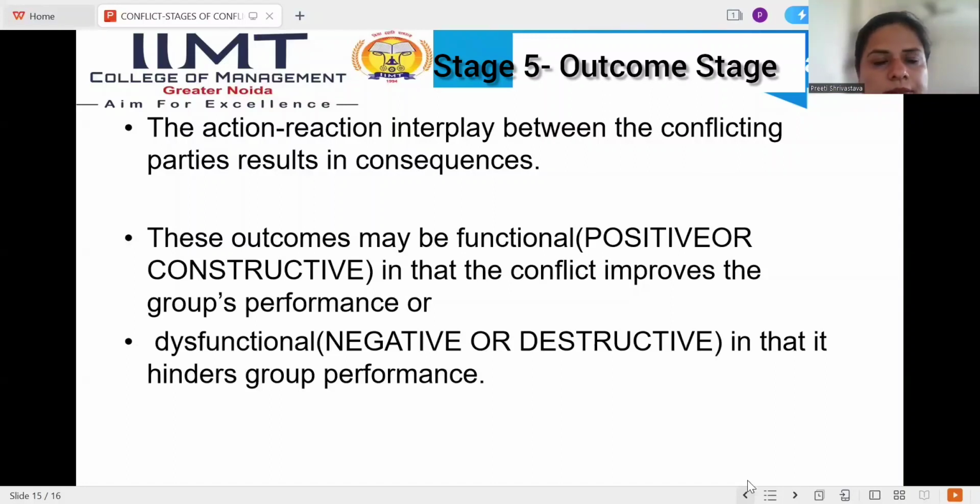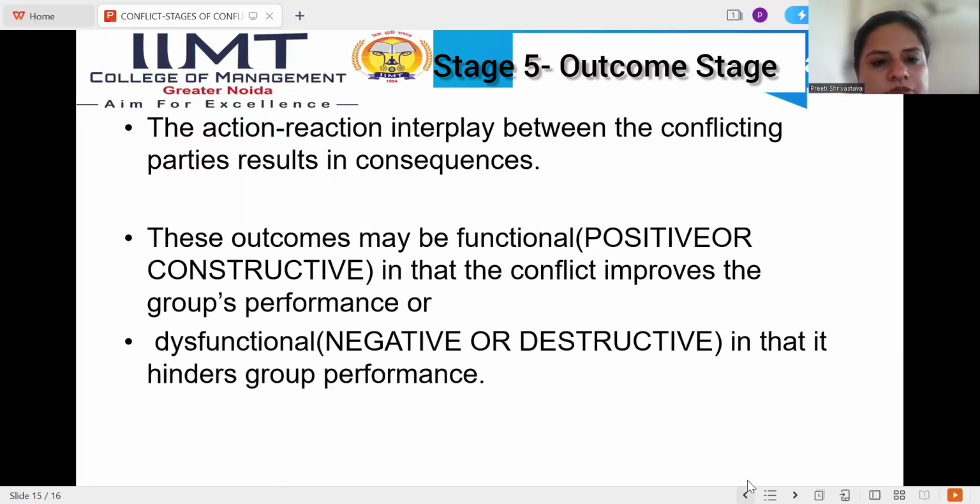The third can be addressing the conflict. Next can be clarifying the issue causing the conflict. Bring the involved parties together to talk. And the next can be to identify the solution for the conflict. So in this way, we can solve the conflict.